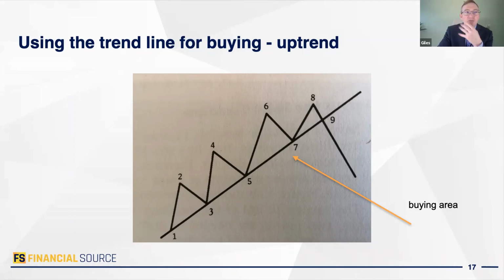So for instance, let me show you how it's used. Let's say, imagine this is a market and you are convinced that price is moving higher, but you don't know where to enter. You don't want to just enter anywhere. You don't want to enter up here and just buy here. Where do I buy?